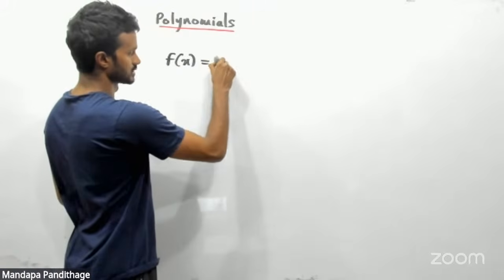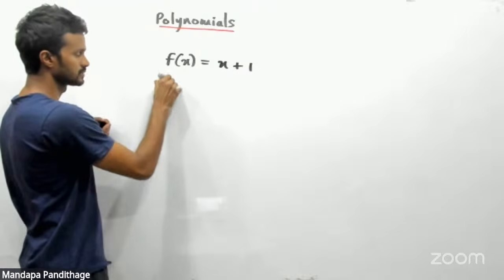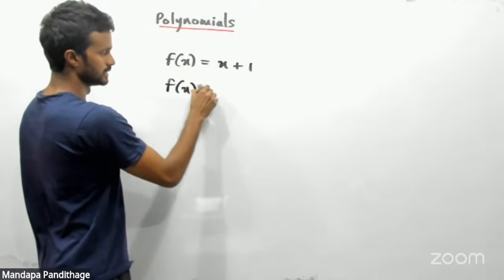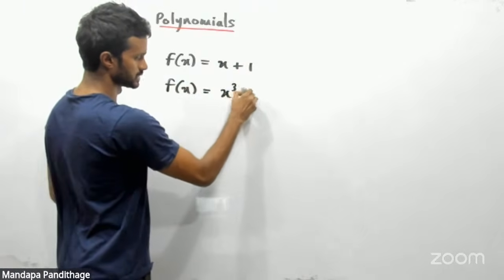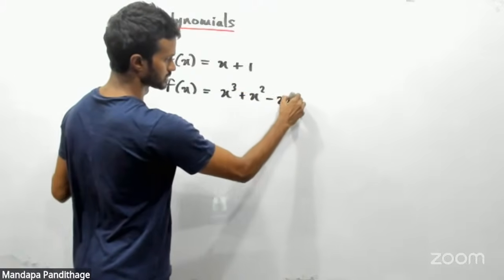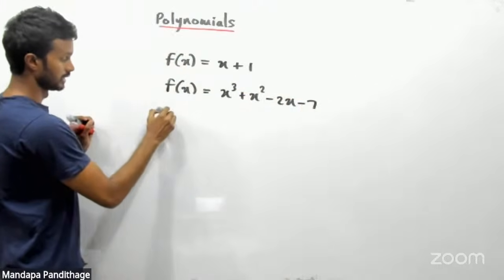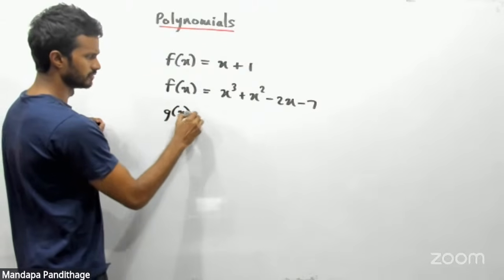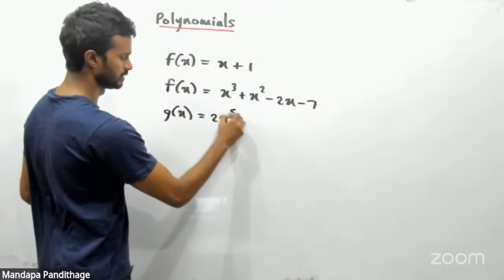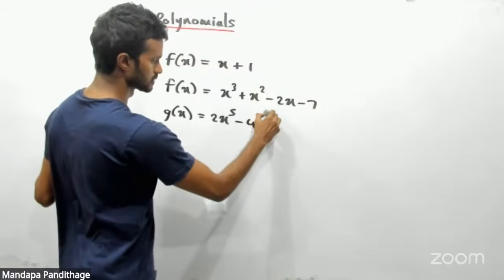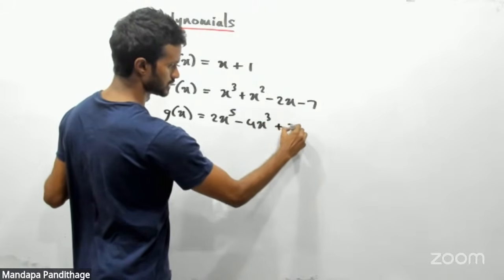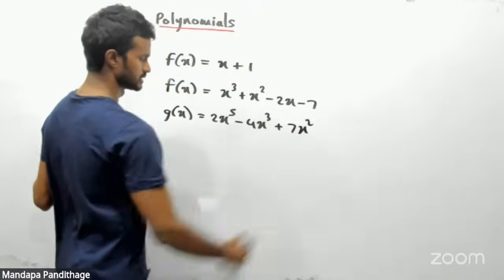So here I'm writing 1x plus 1 is a function. So we have f(x) is equal to x cube plus x square minus 2x minus 7. And if I write another one, let's say g(x), we have 2x to the power 5 minus 4x cube plus 7x square. So this is another one.